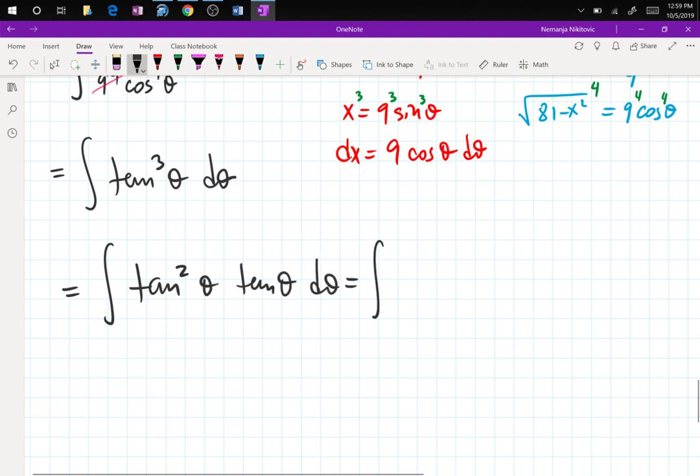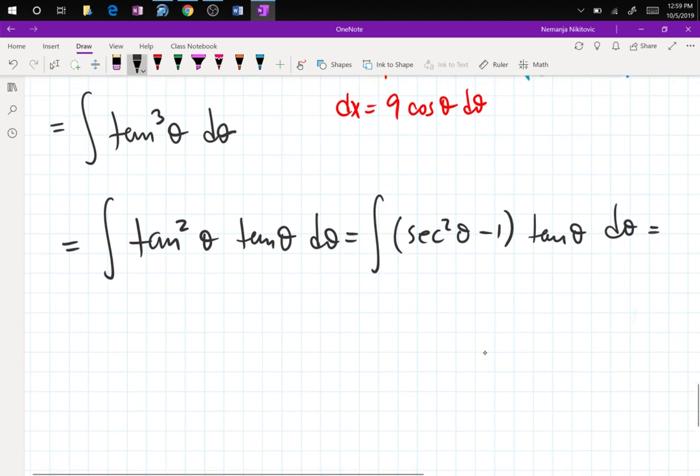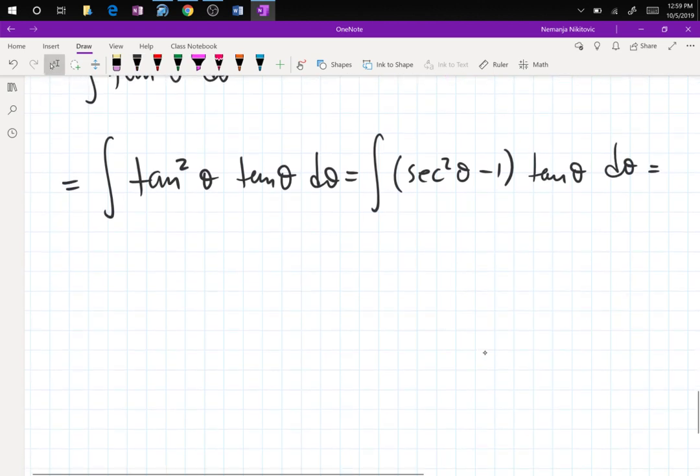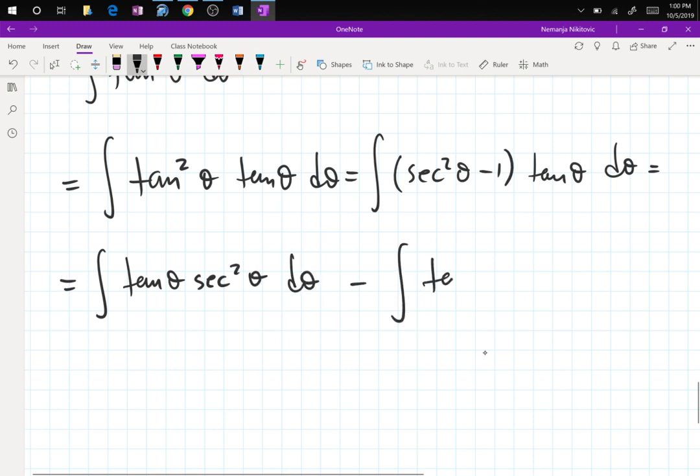We are going to convert this tangent squared into secant squared theta minus 1 times tangent theta d theta. And then that splits into 2 separate integrals. The first integral is tangent theta secant squared theta d theta minus the integral of tangent theta d theta.